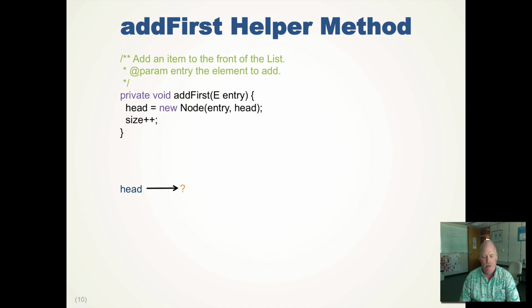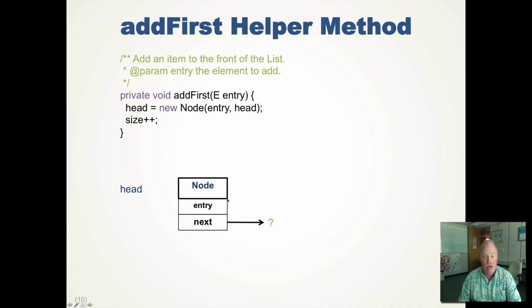But in order to implement this class, we need some helper methods to help us out, because we're going to be doing a lot of this stuff along the way. The first helper method is addFirst, so we want to add the entry to the beginning of the list. So what do we do? We create a new node with the entry, and its next points to what head was pointing to.